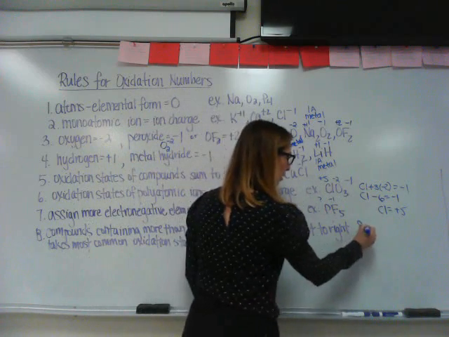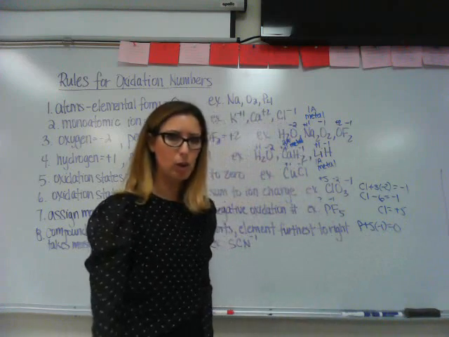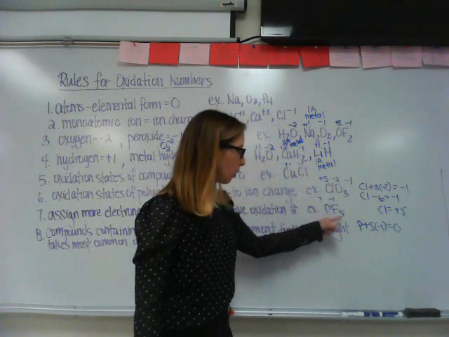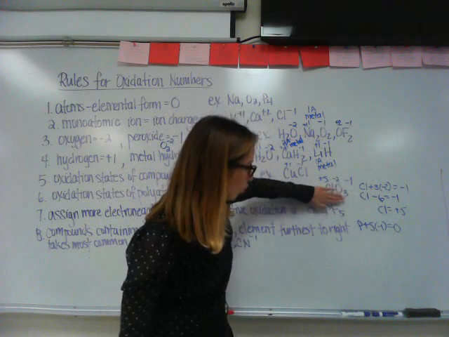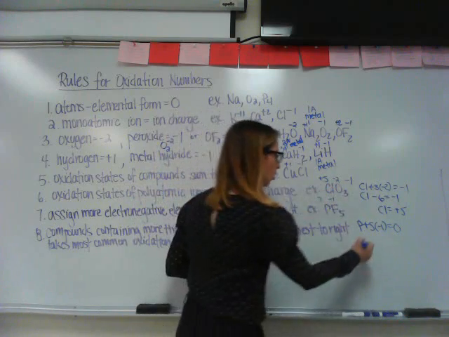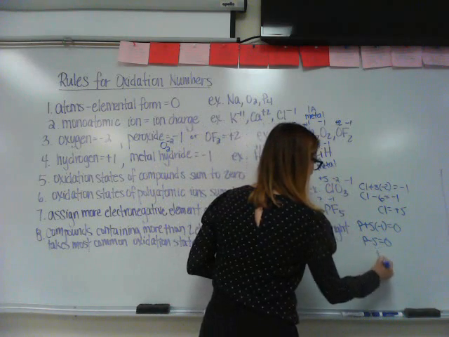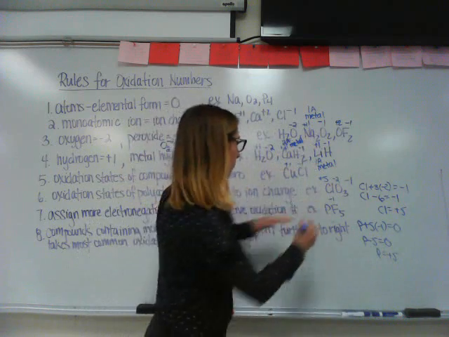Well, phosphorus plus 5 fluorine at a -1 add up to 0, because there was no charge written on the board for that compound. It was neutral. So P minus 5 equals 0. P equals a +5.